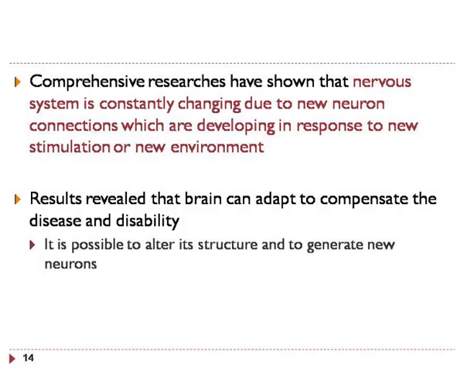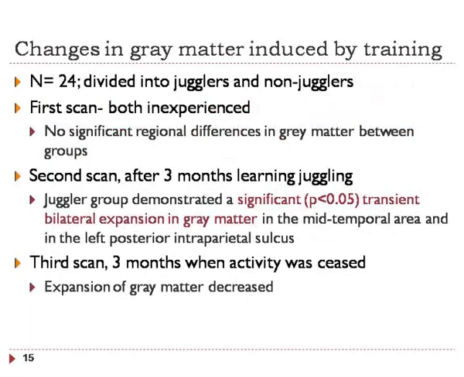And these constant changes can be measured or assessed. Results reveal that the brain can adapt to compensate for disease and disability. So it is not a fixed thing, it is a dynamic process, and that dynamism has made us understand that we can do something for pain amelioration.